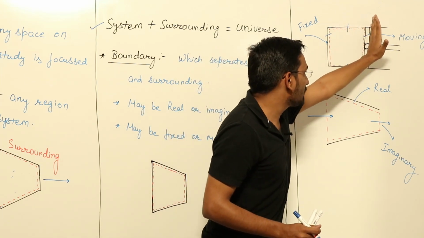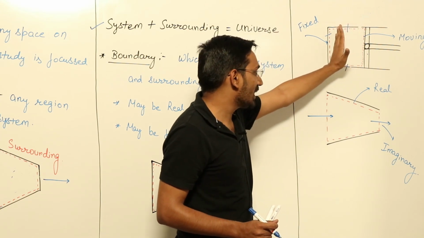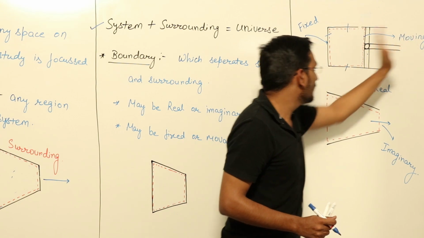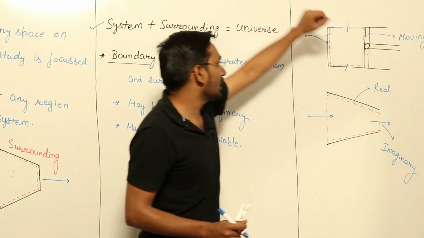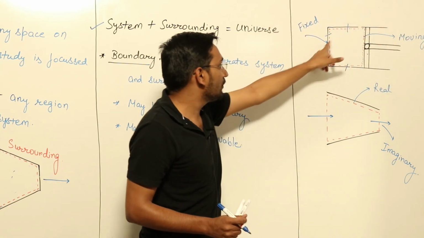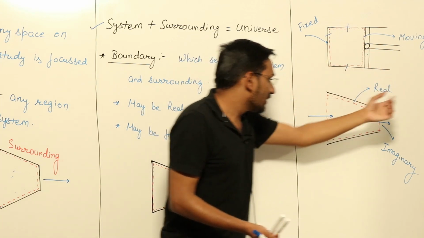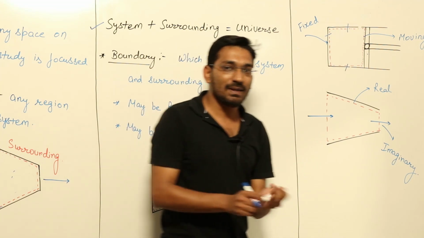In the compression process, when the piston goes in this direction, the boundary moves like this, and if the piston goes back, the boundary moves in the other direction. So this is the example of fixed boundaries and moving boundaries. Boundary may be fixed or may be moving. Now boundary may be real or may be imaginary.